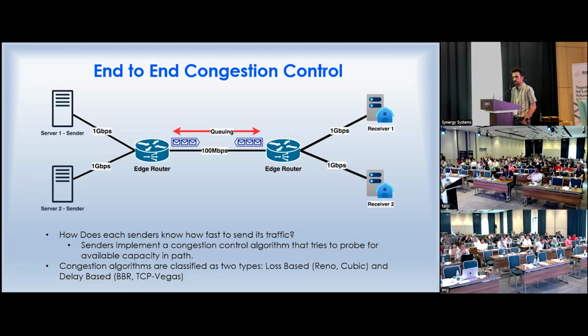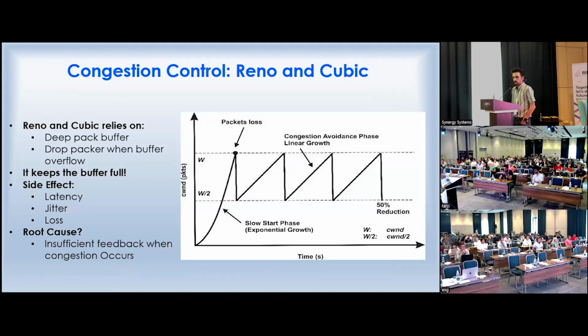So senders implement a congestion control algorithm. It tries to check the available capacity. Let me talk about the history, the Reno and Cubic protocols of congestion control. Reno and Cubic rely on deep buffers and drop packets when the buffer overflows, and it keeps the buffer full, and that leads to latency and losses.